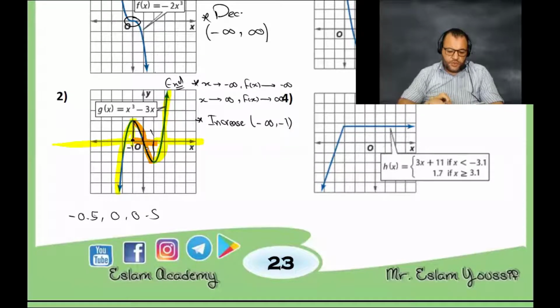Substitute -0.5: -0.5 to the power 3 minus 3 times -0.5 equals 1.375. Is that right? Okay. Now we choose 0.